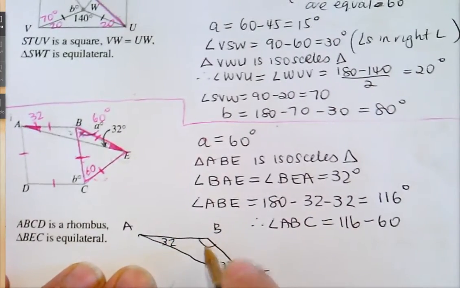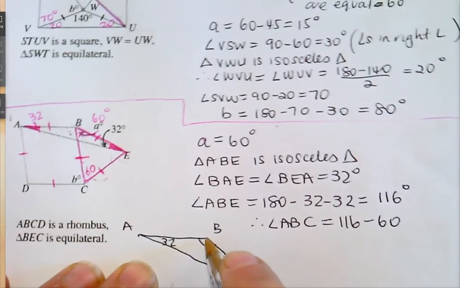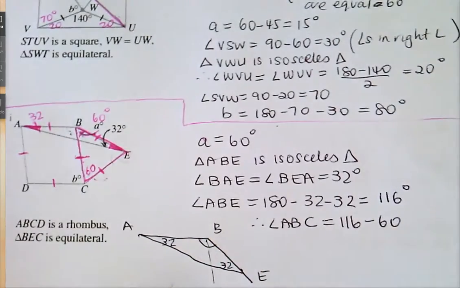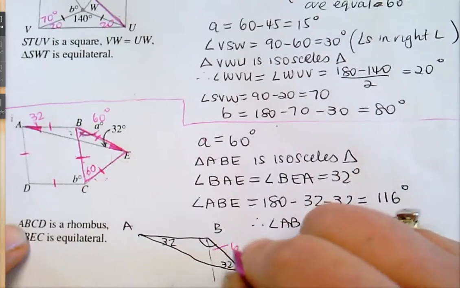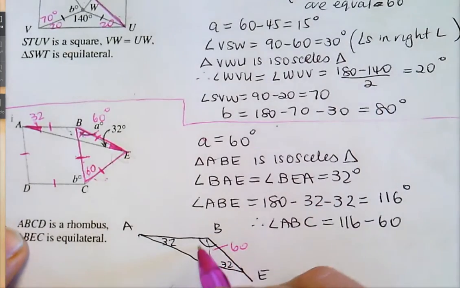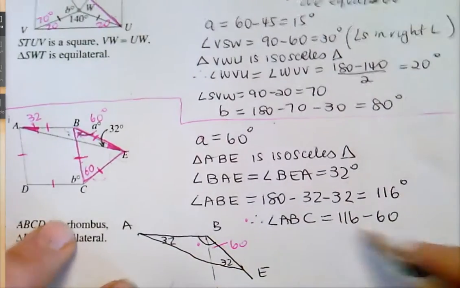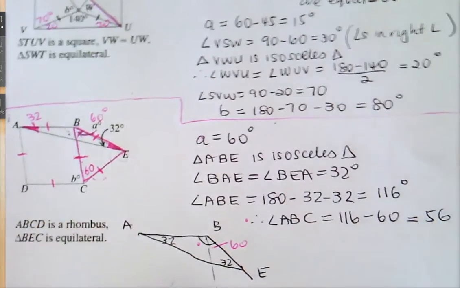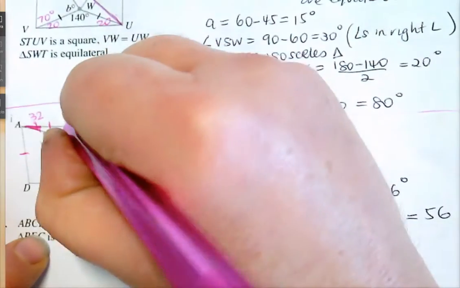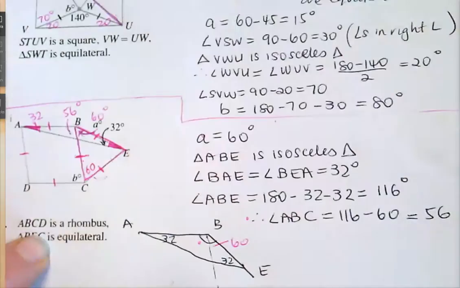If I put my line down here, I know that this bit in here is 60, so therefore this bit here with the dot is 116 minus 60, which is 56 degrees. So this bit in here is 56 degrees.